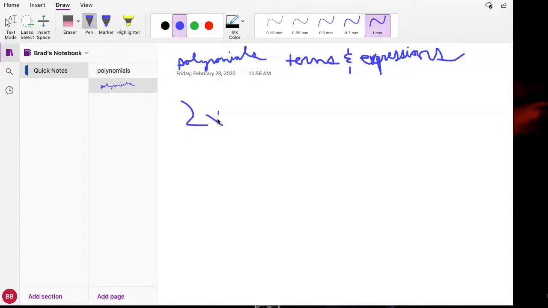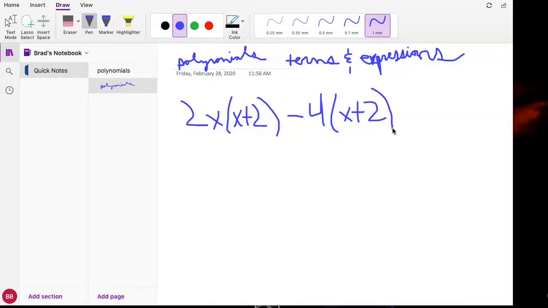This one will take a second to write out: 2x times (x plus 2) minus 4 times (x plus 2), and then all of it will be divided by x plus 2.